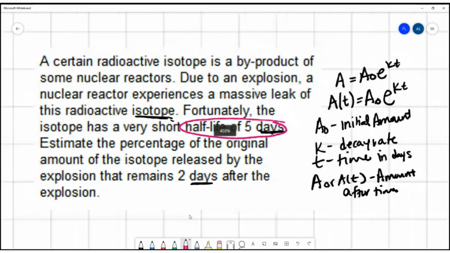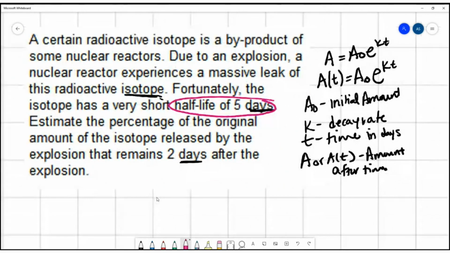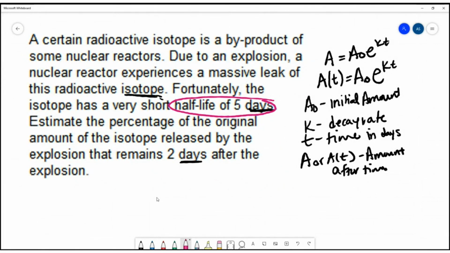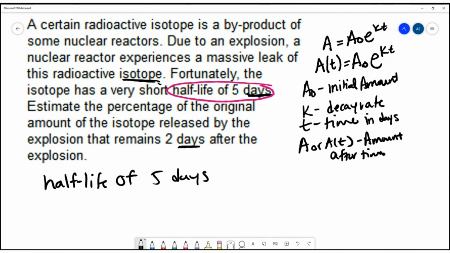This isotope has a half-life of 5 days. And with that information, we'll be able to solve for k, the decay rate.